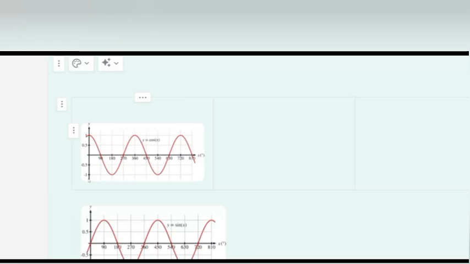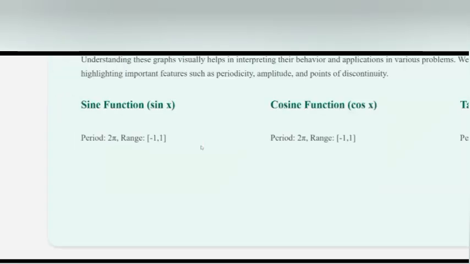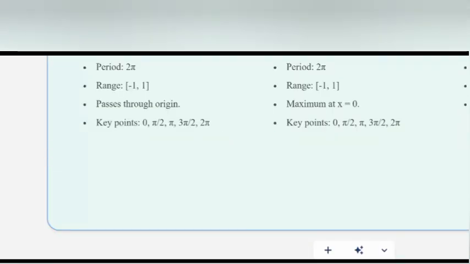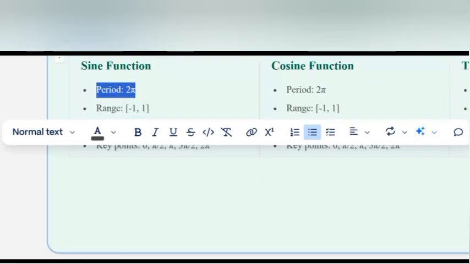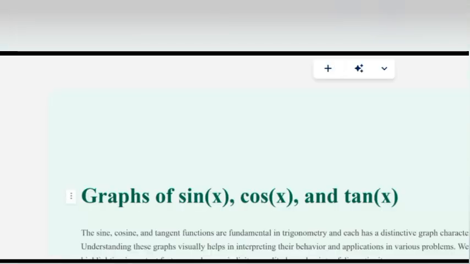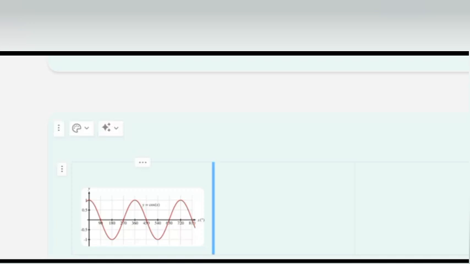So -1 is the lowest possible they can go, and 1 is the highest possible they can go. And then the maximum is at x equals 0. Now, what does that mean? If you look at the graph once again, when they say maximum point, it is the point at which the graph gets its highest possible value. So we can trace that and see the maximum points.